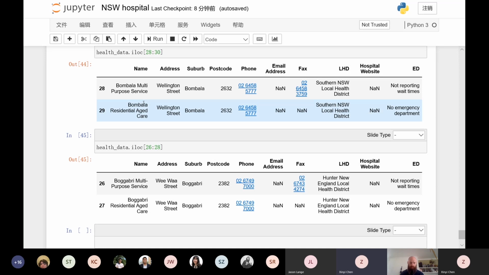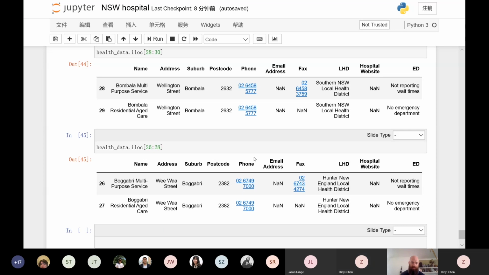Have you finished? Is that it? All right. So I think it's an interesting question. You're looking into a data set, trying to work out what it can tell you, and then there are some strange things like hospitals that share phone numbers. It's interesting to see on the map how many suburbs don't have hospitals.